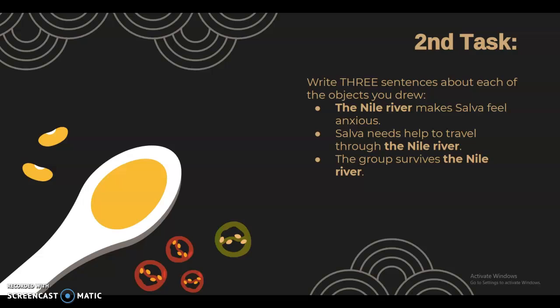Salva needs help to travel through the Nile River. He does, because he doesn't know how to make boats, so he helps bring all those reeds to the people who do know how to make boats. And my third sentence is, the group survives the Nile River. That is true. They do. Okay? So pause here and write 3 sentences for each of the objects that you drew. Okay? And don't overthink it. Make them statements, not questions.